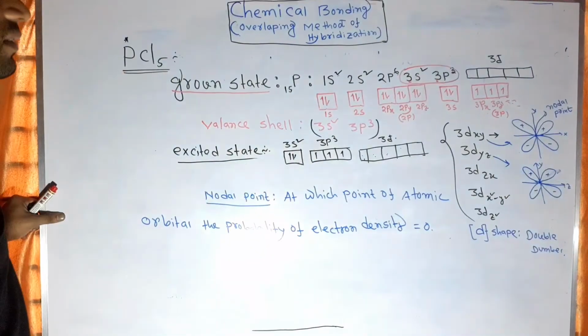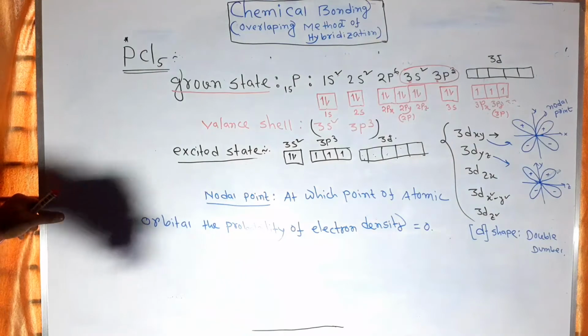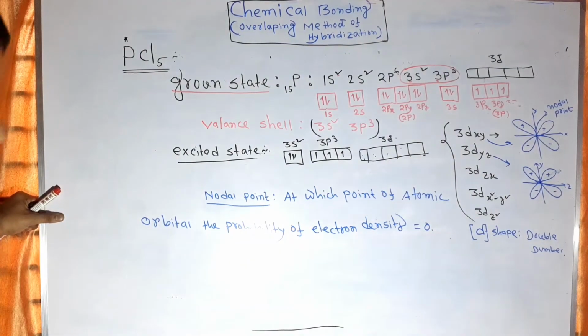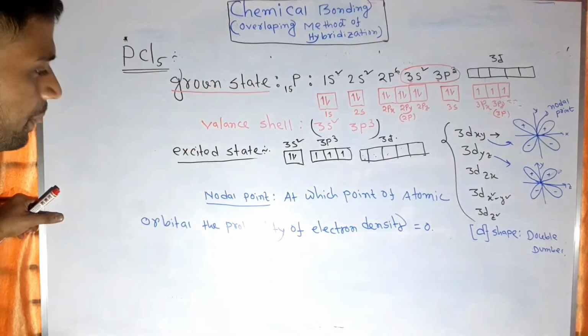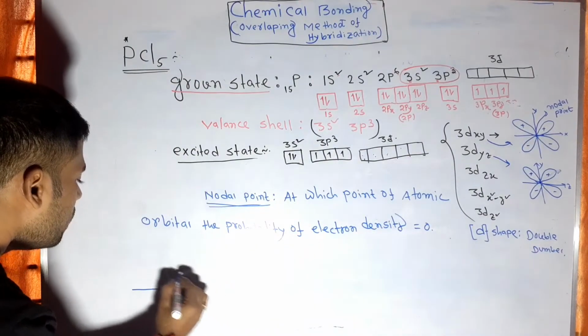This point is known as the nodal point. So 3dxy, 3dyz, and 3dzx can also be drawn. What is the 3dzx shape?